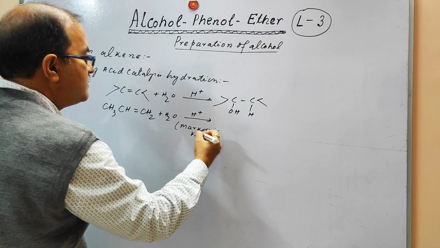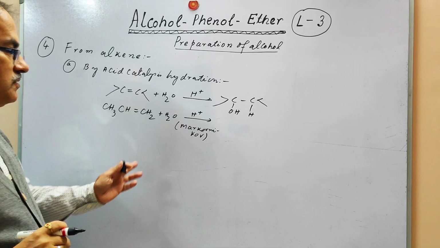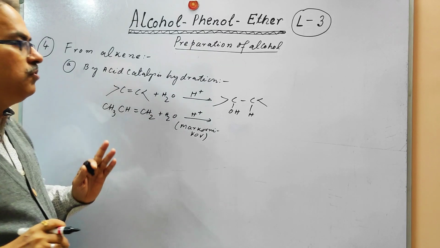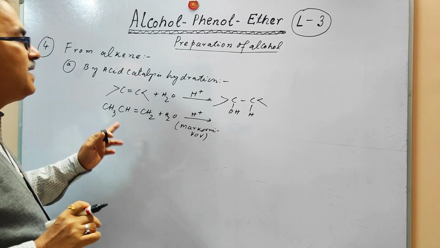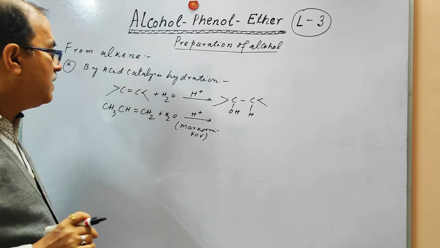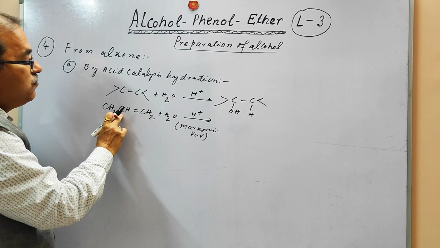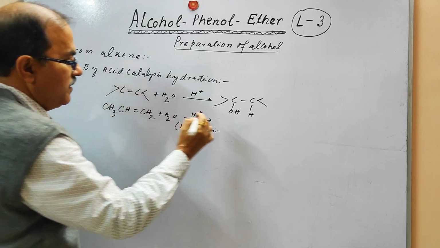What it says, which we already learned in class 11, is that the OH minus ion will be added at that carbon atom under the double bond which has fewer hydrogen atoms. Here the OH minus ion will be joined here and H plus will be joined here.